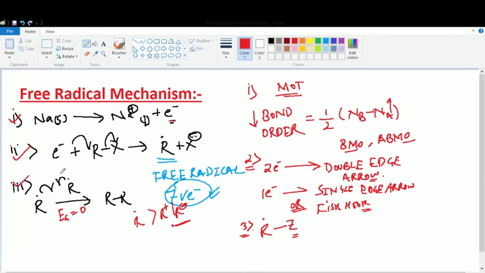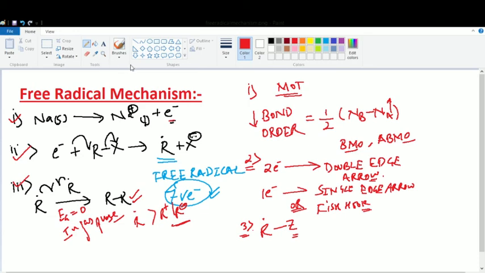In the third step, the free radical will combine with another free radical via fish hook or single-headed arrow, requiring zero activation energy, guys, in the gas phase, and your product is R-R. So this is your free radical mechanism.